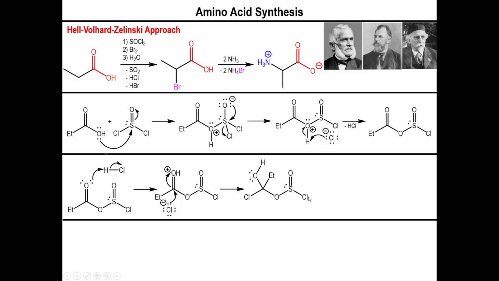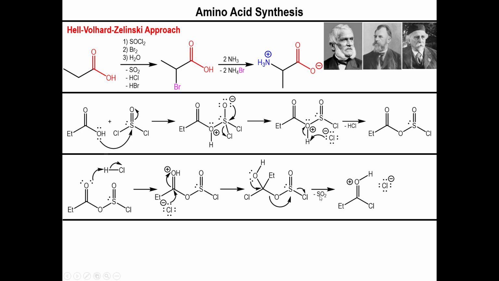You may recall that the leftover thionyl chloride reagent still bound to that carbon can act as a good leaving group, because when this oxygen allows its lone pair to come back down and recreate the double bond, the carbon-oxygen bond right here will be broken, and it will come all the way around to bind to sulfur, and that will also kick away the chloride that you have in that molecule.